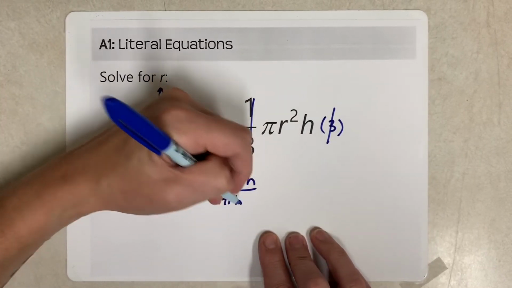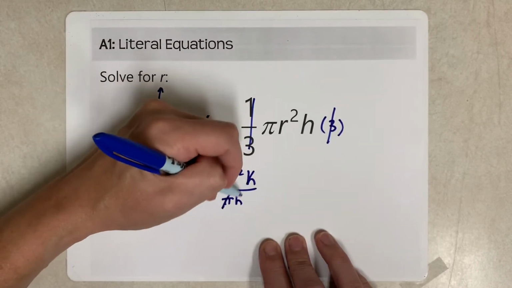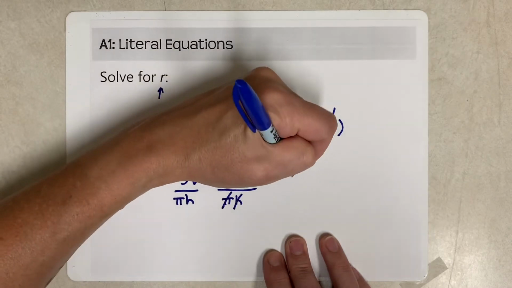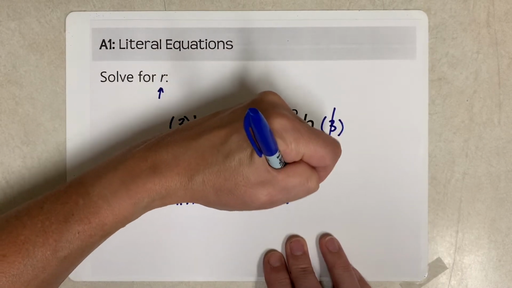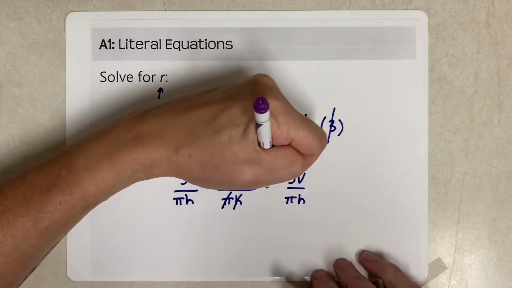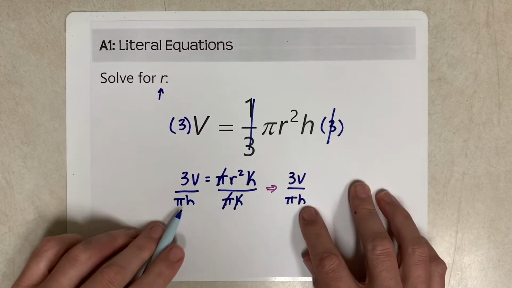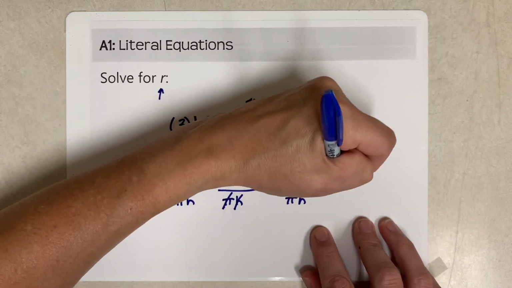So pi times h, pi times h. So these will cancel. And now I have 3v over pi times h. And what I really should do for my next step is write this little arrow there that means next step. So 3v over pi h is equal to r squared.